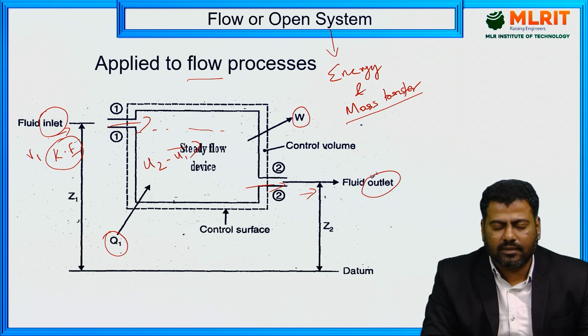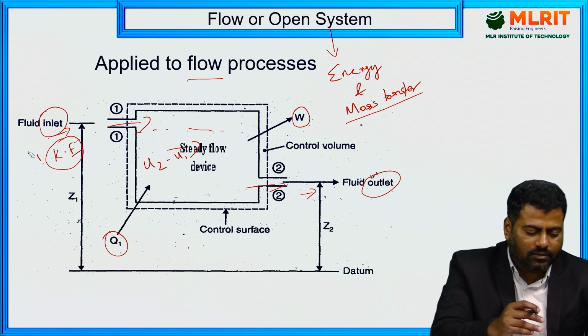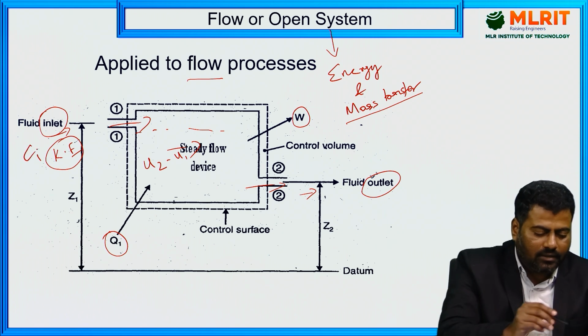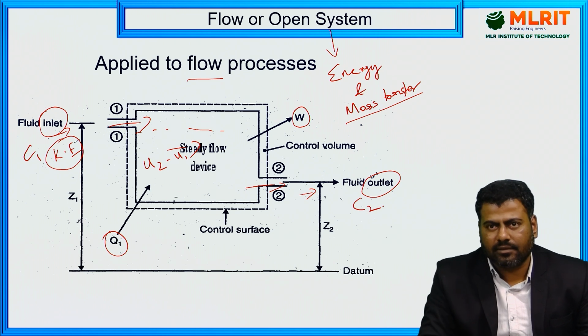Because in thermodynamics V is the volume parameter, it is better to go with C. So C1 is the inlet velocity, and C2 is the outlet velocity. The difference between the inlet velocity and outlet velocity gives the change in kinetic energy.